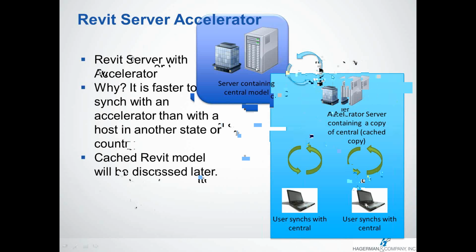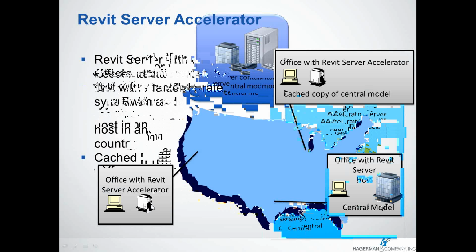You could also run this setup if you didn't have accelerators. You could take out the accelerators and run it by just having that host. Now, obviously, each computer in the other offices would have to be configured to talk to the host, but you could get it configured where you only have a big host. And it is slower.